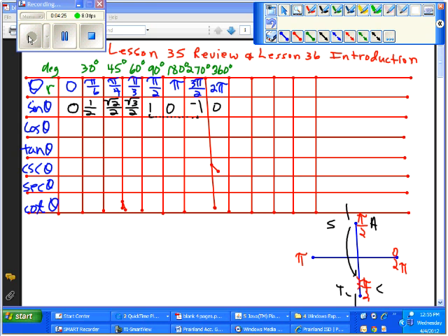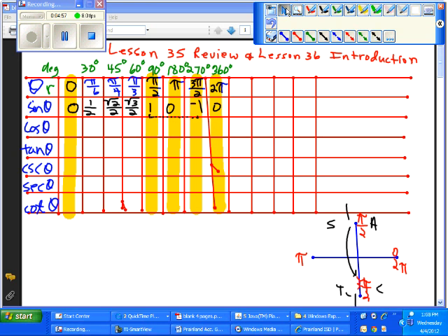Now, when we went to graphing things, we decided not to use these little square root 2 over 2s and square root 3 over 2s. We said if we just want real pretty little numbers, because we're just trying to figure the ups and downs of the curves, then we could just use our quadrantal angles and use those to graph our sine and cosine and tangent waves, and avoid those fractions and radicals.